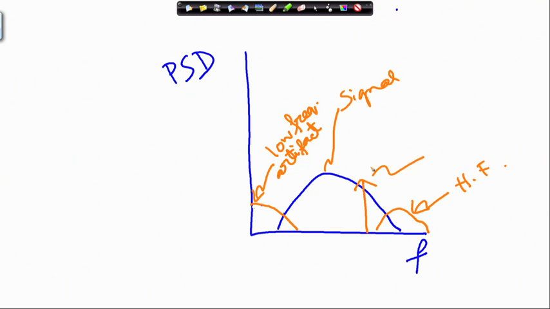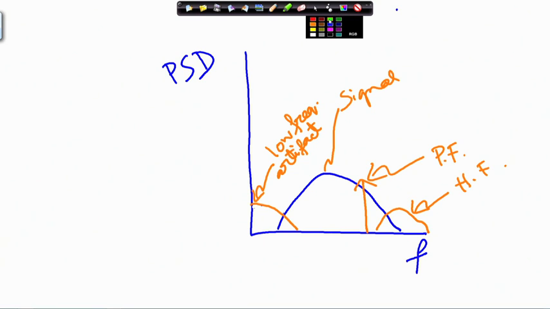This is the power frequency hum. Now, we have shown only the positive part of the axis. However, if we take a real signal, we should have a reflection of the whole thing on the left hand side also.